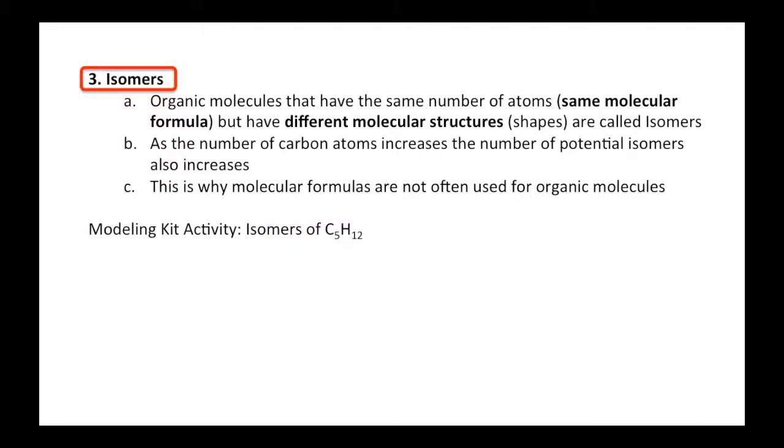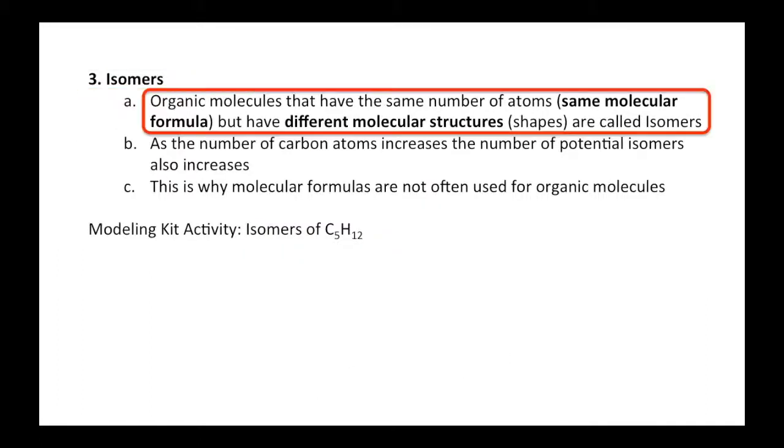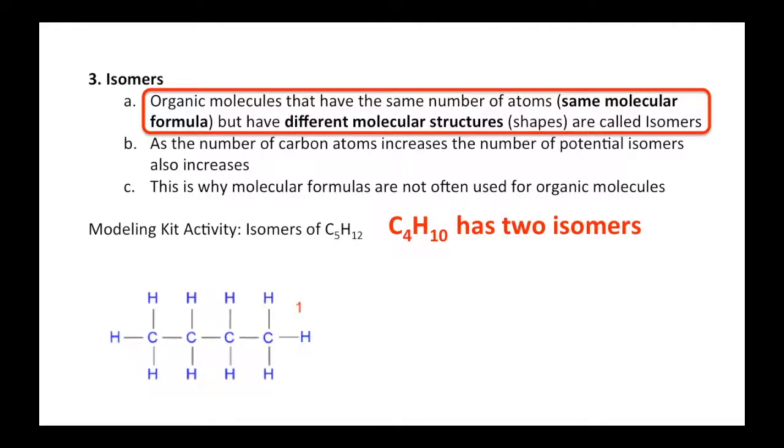And there's these things called isomers. Here's what an isomer is. It's the same molecular formula, but a different molecular structure. In other words, same formula, different shape. Okay? For example, C4H10 has 2 isomers. Watch this. There's this one. 1, 2, 3, 4 carbons. 1, 2, 3, 4, 5, 6, 7, 8, 9, 10 H's.